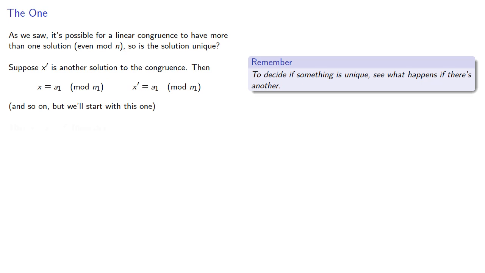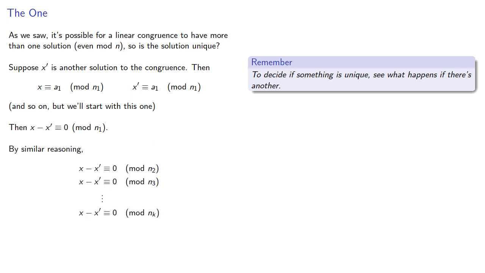So the difference is congruent to 0 mod n1. And by similar reasoning, the difference between two solutions is going to be congruent to 0 mod anything else, so the difference must be divisible by each of the moduli.